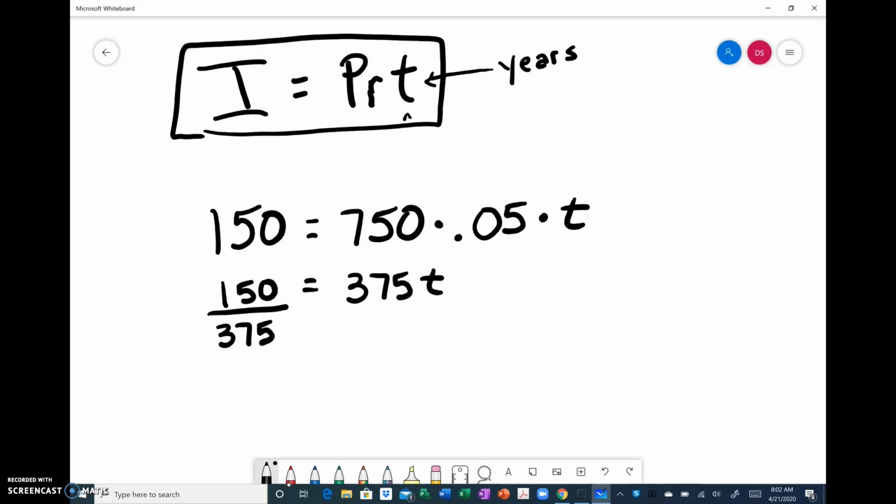Let me redo that math. 750 times 0.05 equals, yep, I've got my glasses on and everything and I did not see that. Okay, so that's it. This is our division problem right here. 150 divided by 37.5 comes up with the 4. So how long will it take? What's left over here is our T, so 4 years.